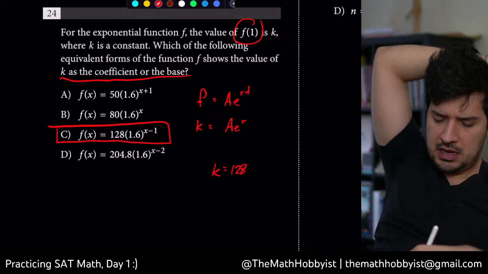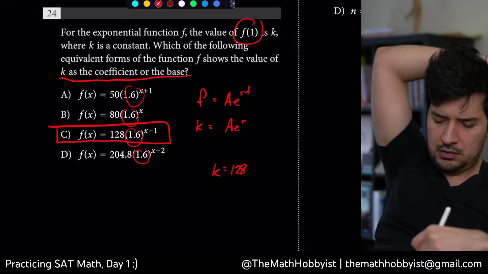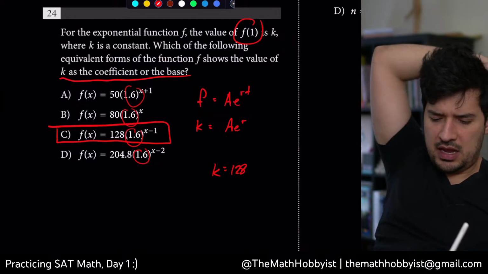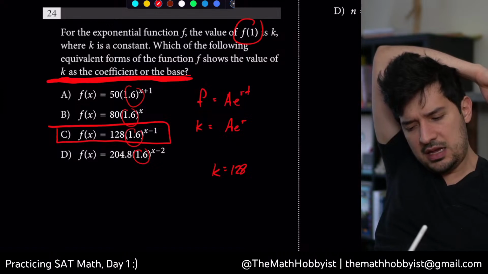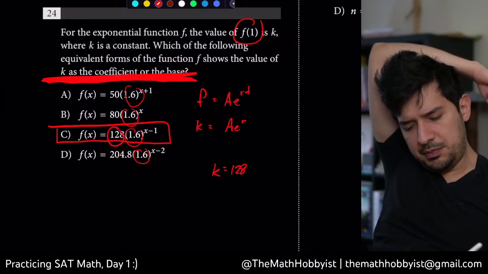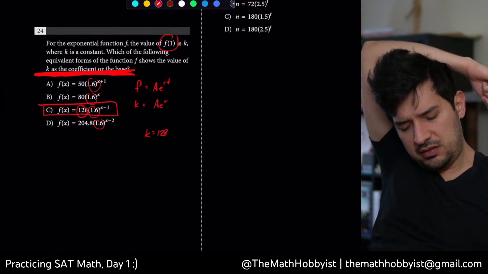All of these have the base 1.6. Okay, which one of these shows k being the coefficient, like the base, and it would be this. Yeah, it's C.